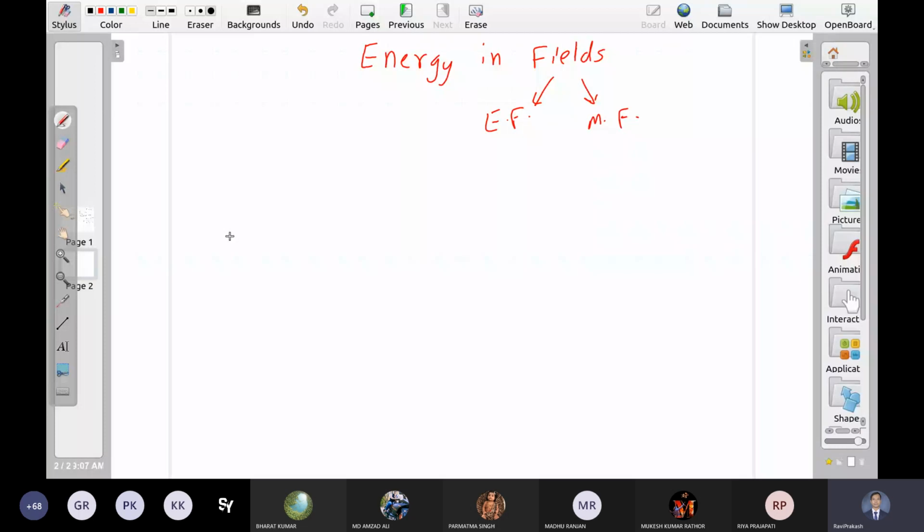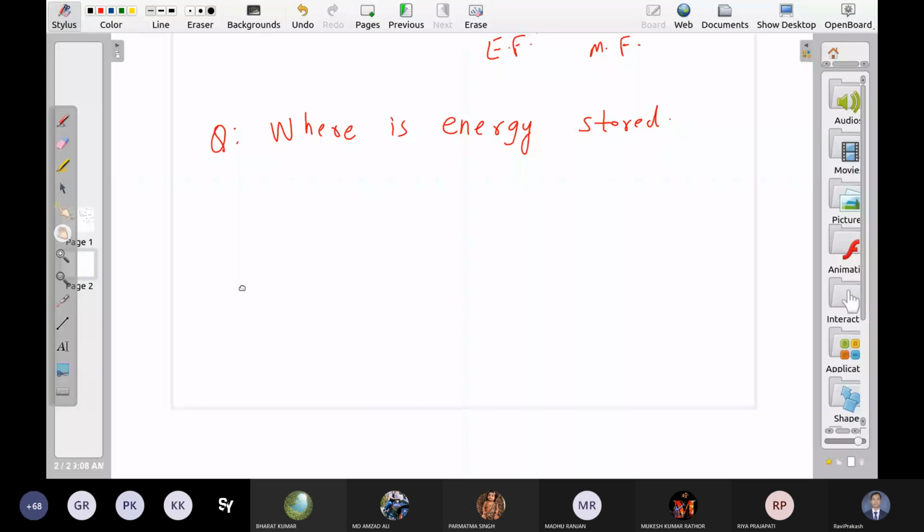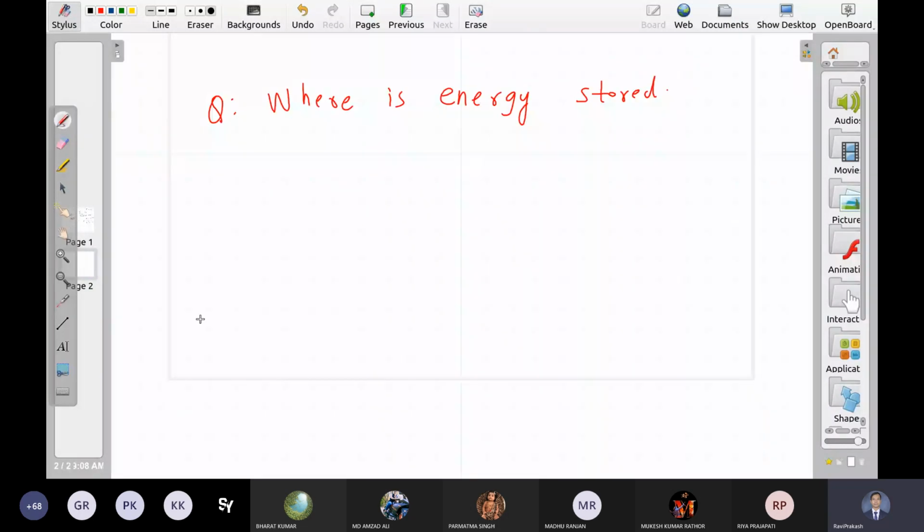What exactly do we mean by energy in fields? When we talk about energy, the basic question we should ask is: where is energy stored? We will come to electric field and magnetic field in a moment, but let us deal with a very simple and very trivial problem.